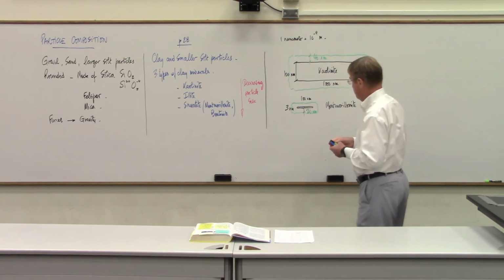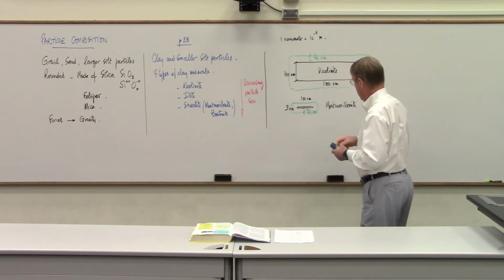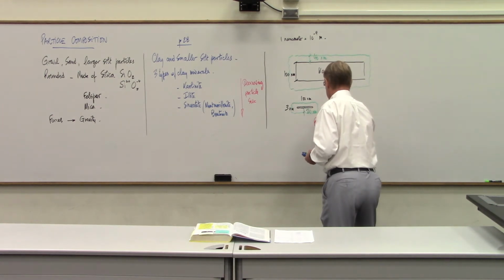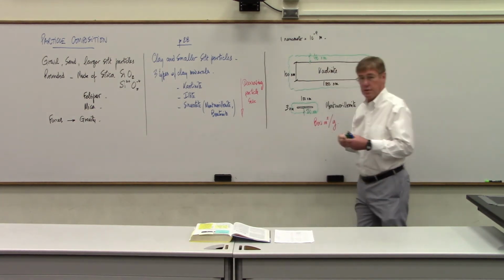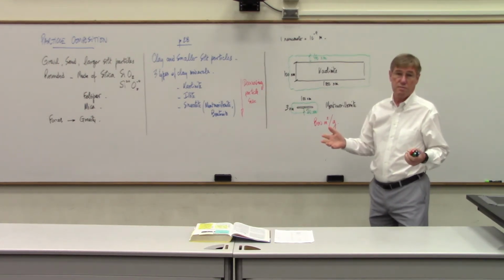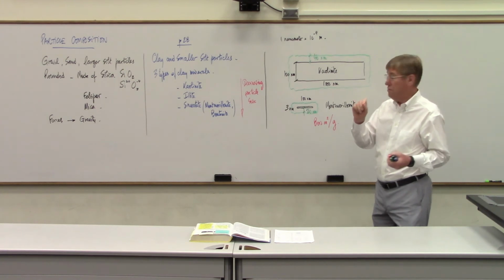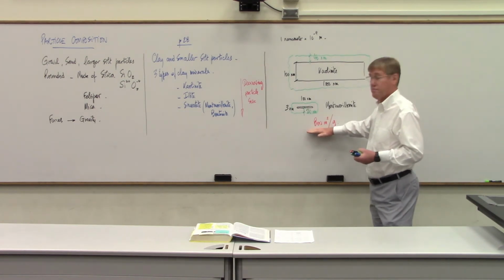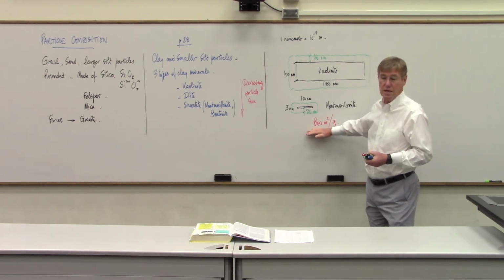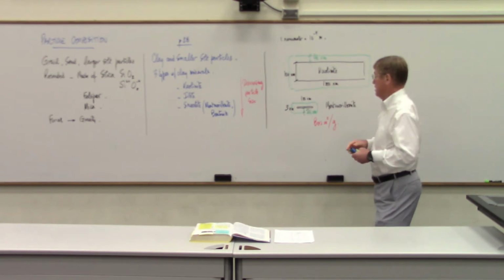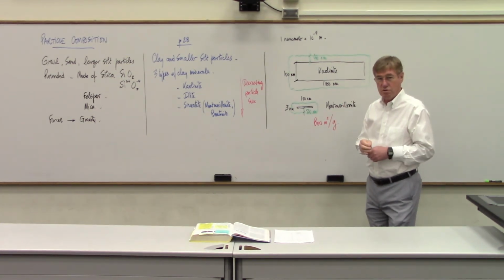This material has an area of the order of 800 square meters per gram. 800 square meters is the size of a basketball court. So 1 gram of this material has enough area around the particles to cover an entire basketball court. And because the water is attracted to the surface of these Montmorillonite particles, that's the tremendous potential for swelling.